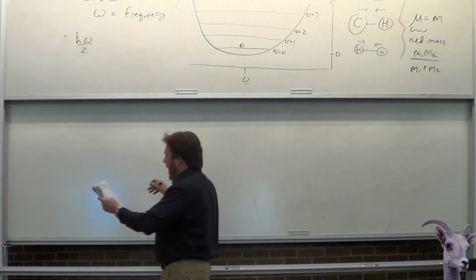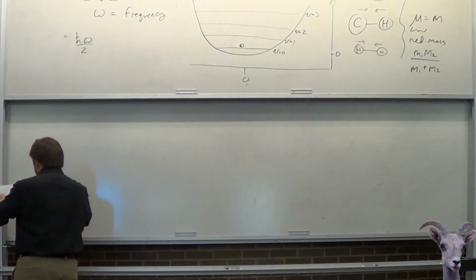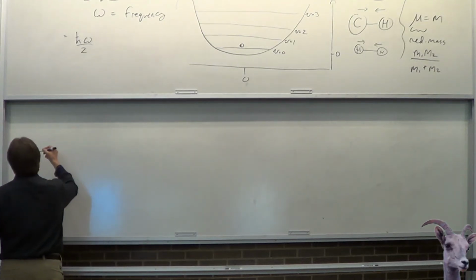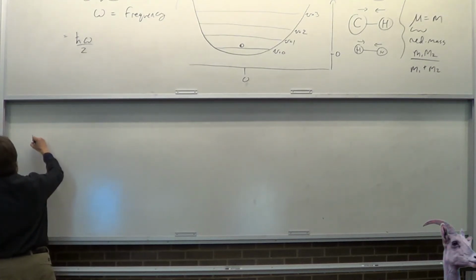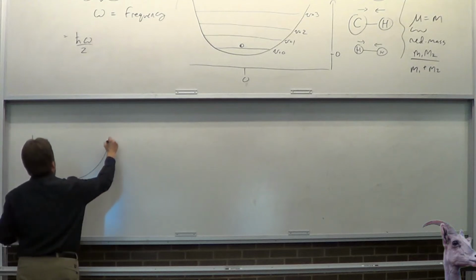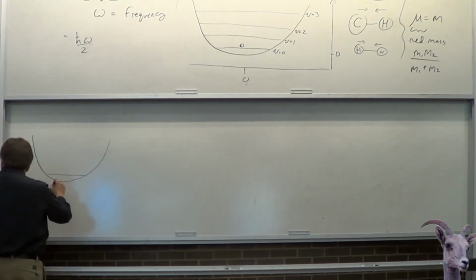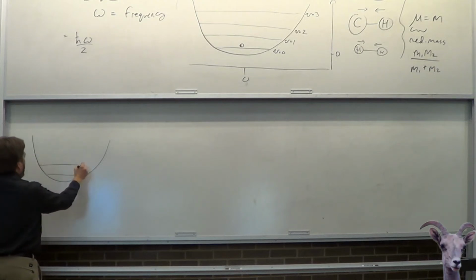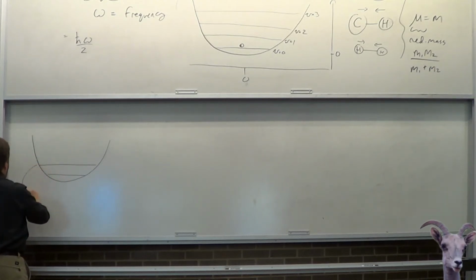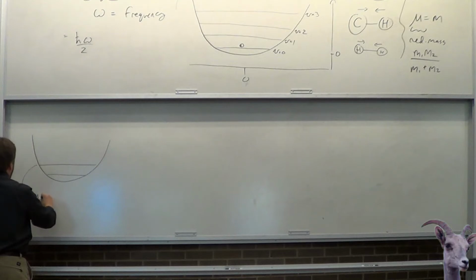Okay. Anyway, so in terms of application, this is a diagram I want to show you. Okay, let's draw a small parabolic well. And again, I told you that I kind of like CH bonds. So here's a CH bond.